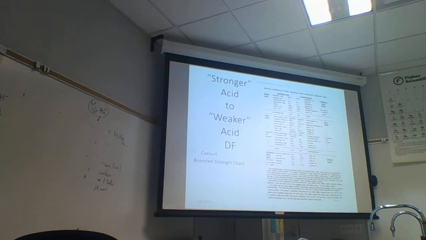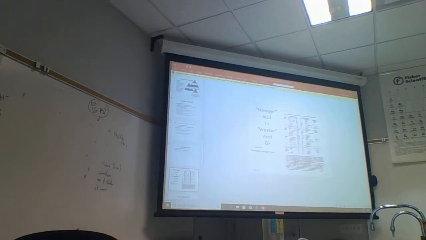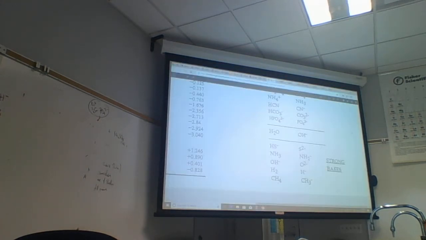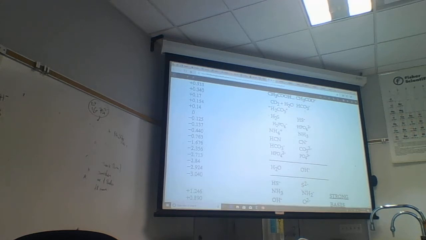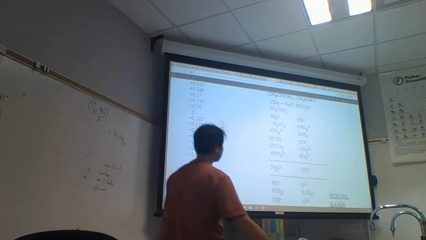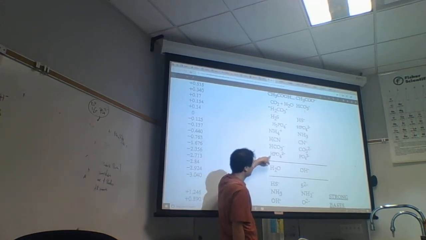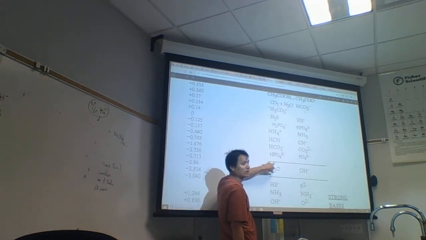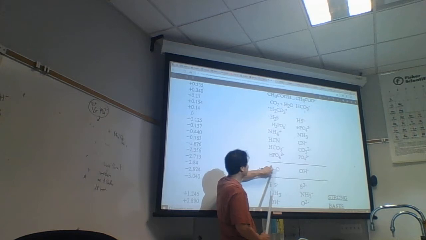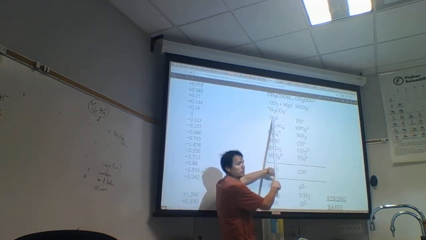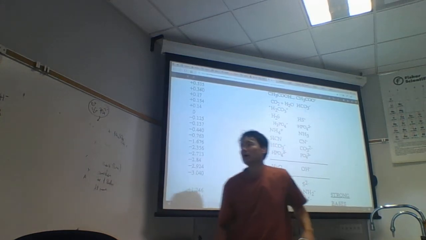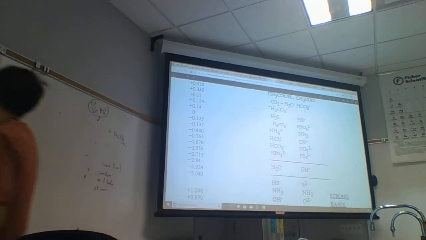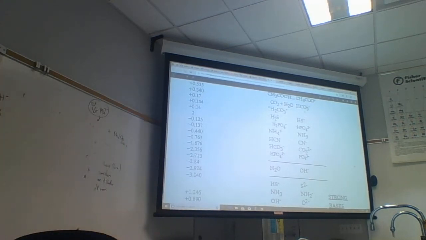Why did I go back to this one? I need to go to this one. Water versus monohydrogen phosphate. Which one's a stronger acid? Water or monohydrogen phosphate? Monohydrogen phosphate. Acid strength increases this way. So it turns out that this is a stronger acid, this is a weaker acid.